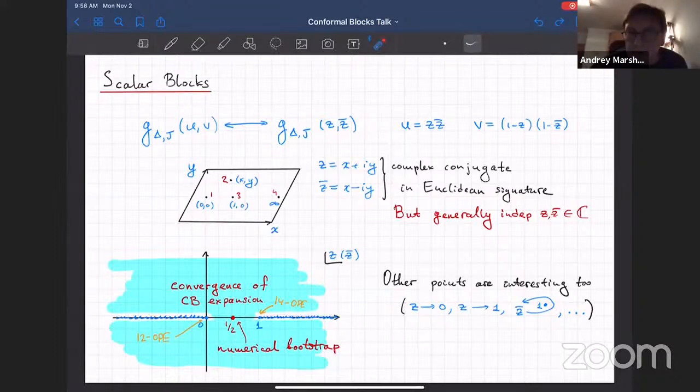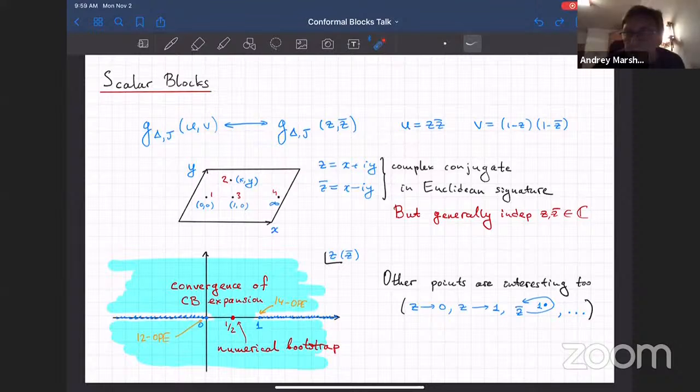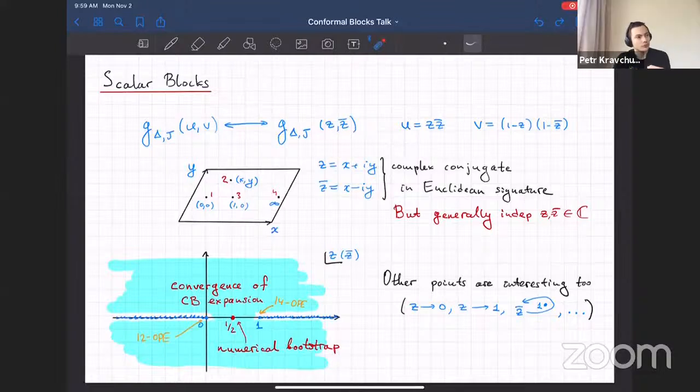Sorry, are these all 4 points in the same two-plane? Yes. I'm just explaining the meaning of z and z bar. Is it the general case or this particular choice? For 4 points, you can map 4 points with given values of cross ratios to any other 4 points with the same values of cross ratios.